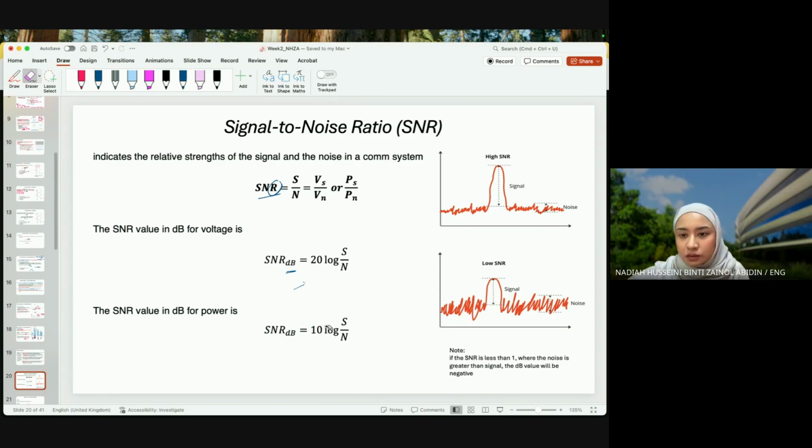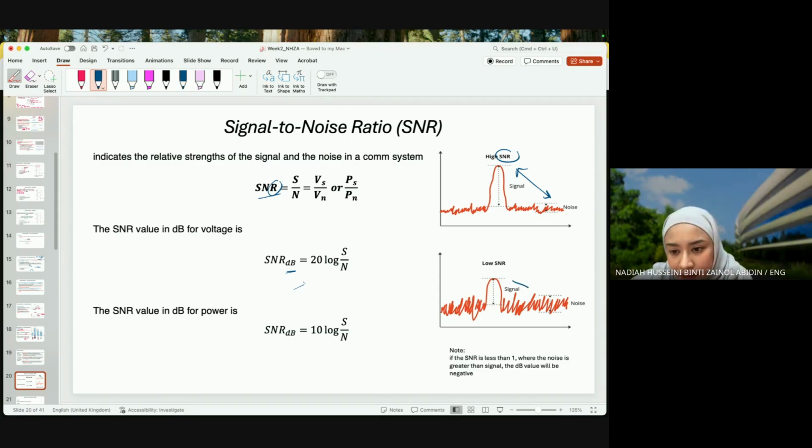Okay, so this is an example of high SNR. The distance between the signal and the noise is far. Therefore, the ratio is high. So you have a high ratio of signal to noise, high SNR.